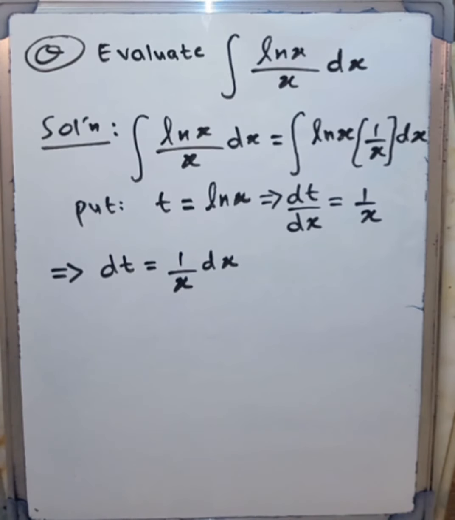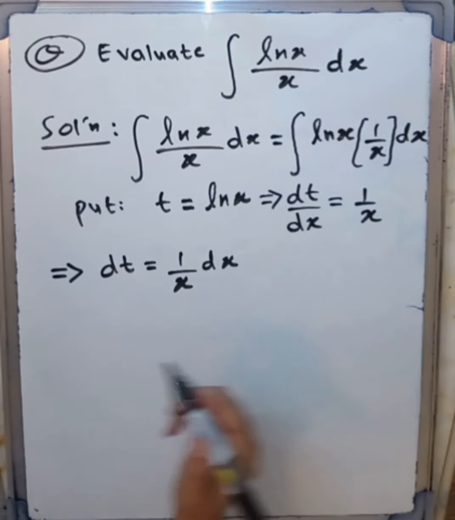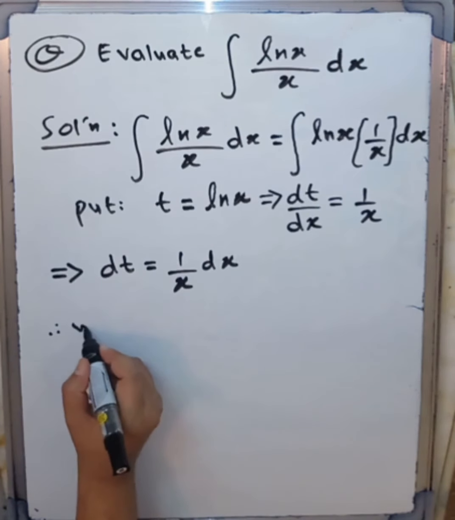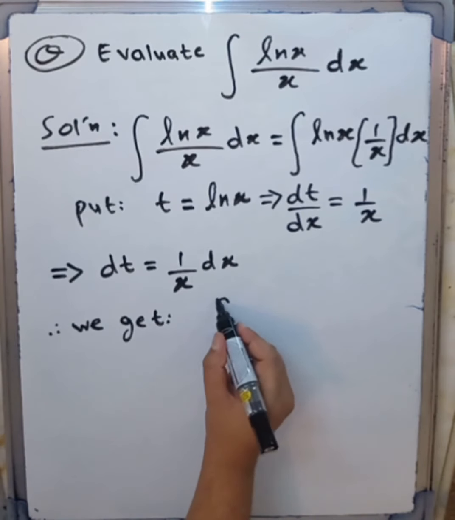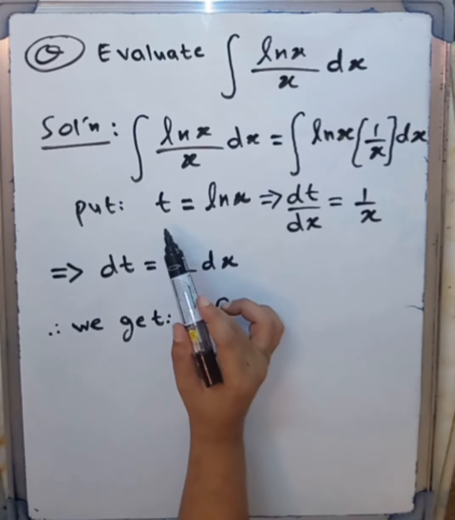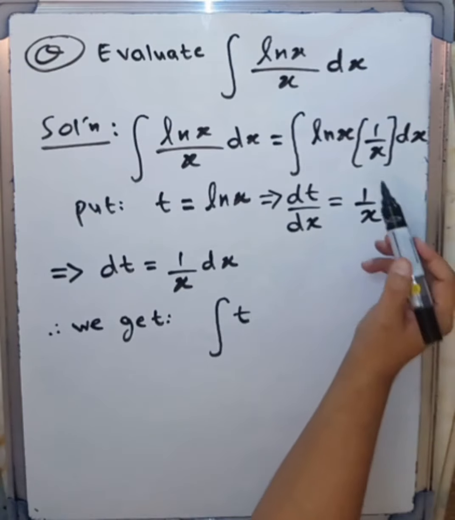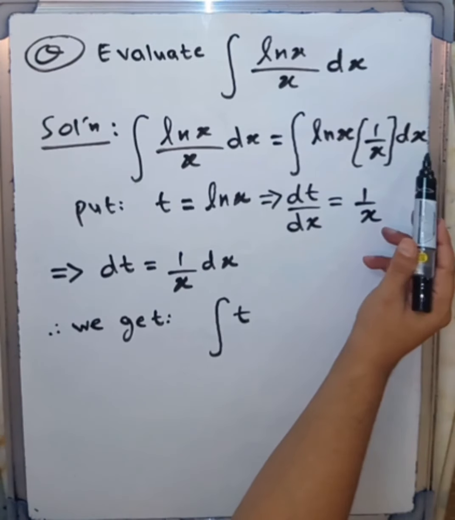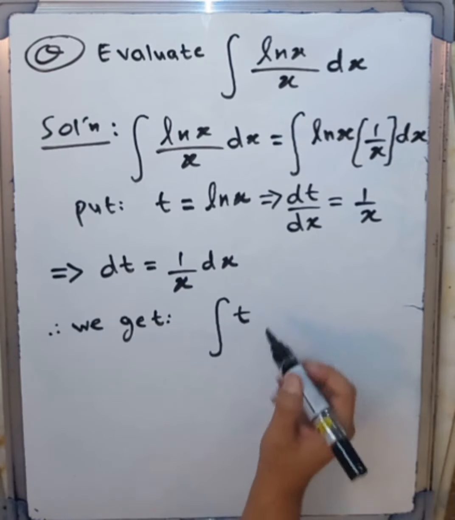And therefore, using this substitution in the integral ln x 1 by x dx, we get the integral of ln x, that we have substituted as t, times 1 by x dx, that is equal to dt.